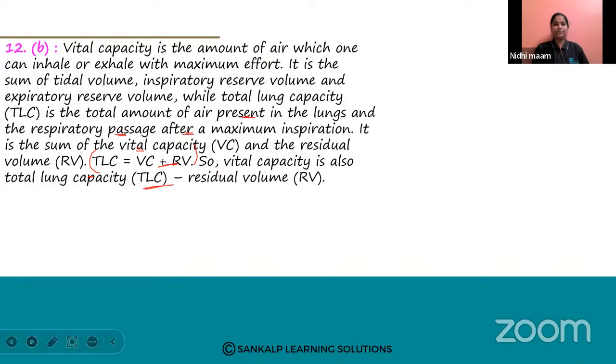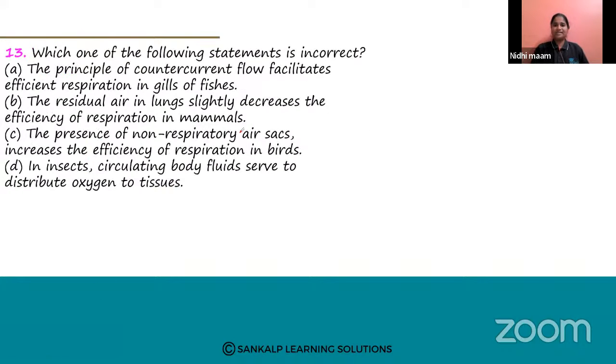Next question. Which one of the following statements is incorrect? The principle of counter current flow facilitates respiration in gills of fishes. The residual air in lungs slightly decreases the efficiency of respiration in mammals. The presence of non-respiratory air sacs increases the efficiency of respiration in birds.